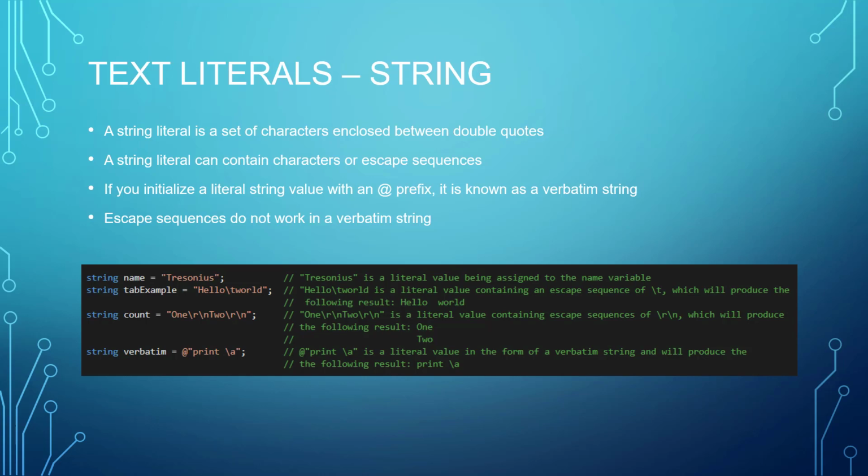The next example, we've declared another string variable. We've named it count, and we've assigned to it the literal string value 1 \r\n 2 \r\n. Now that's a literal value containing escape sequences of \r and \n, which will produce a carriage return and a new line.